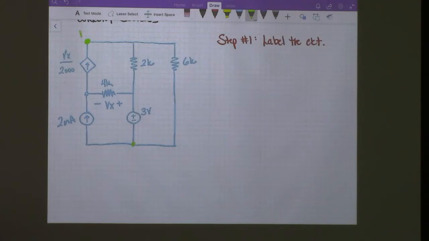I think I called this 2, 3, and 4. Like usual, we will be able to call this I13, et cetera, et cetera. Vx, another name for that would be V34, right? That would be the same thing.